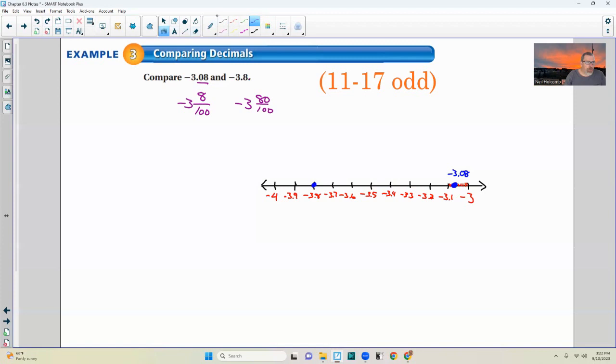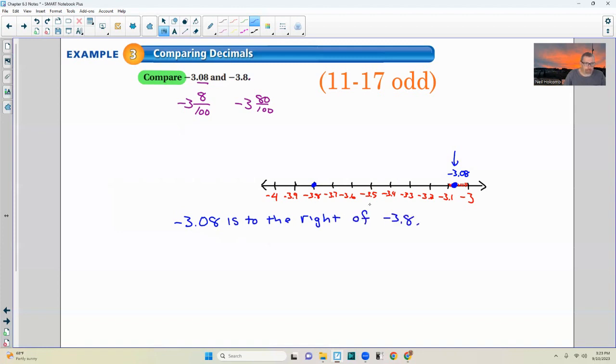And then we are doing, again, a comparison. So I'm going to highlight that. And that means that we say -3.08, which is this one. And here's the other one. So you say it is to the right of -3.8.